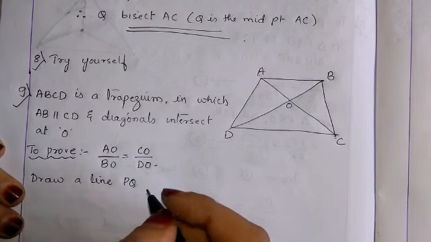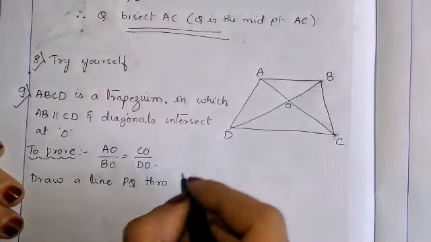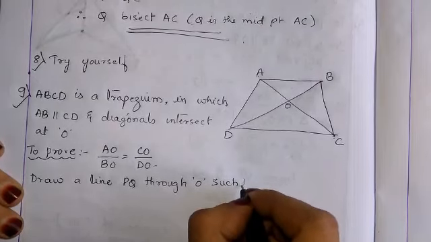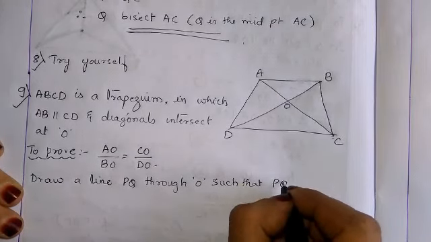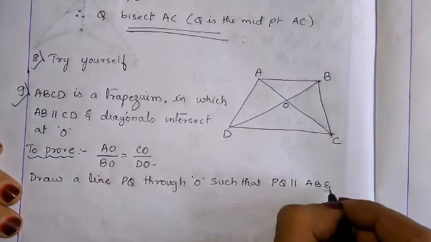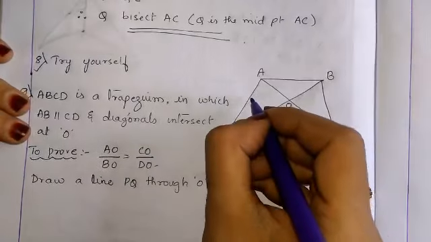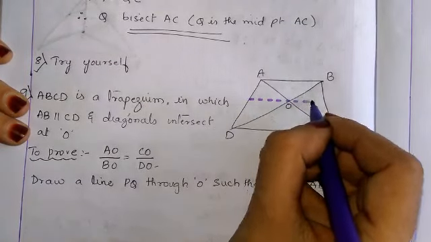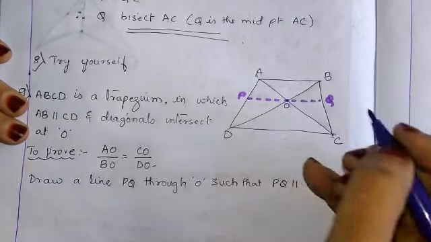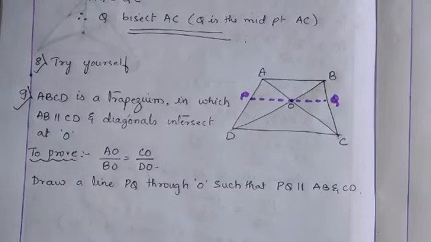Draw a line PQ passing through O, such that the PQ line should be parallel to AB and CD. So I have drawn this line.